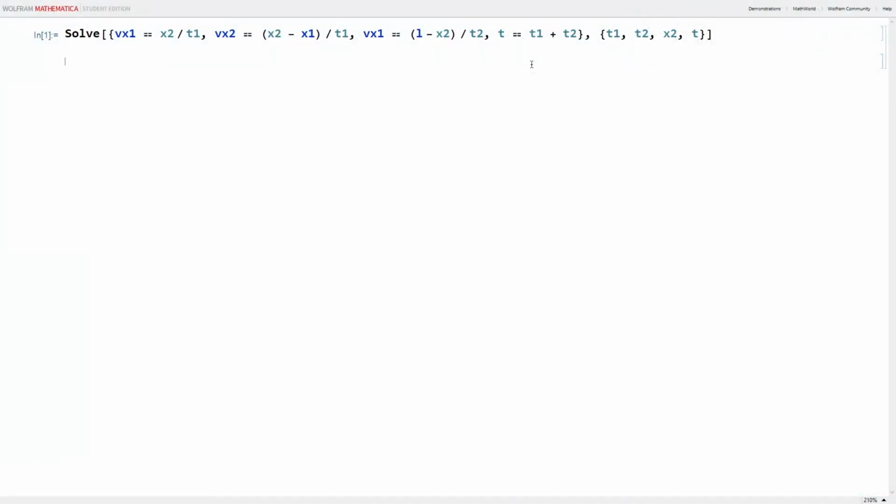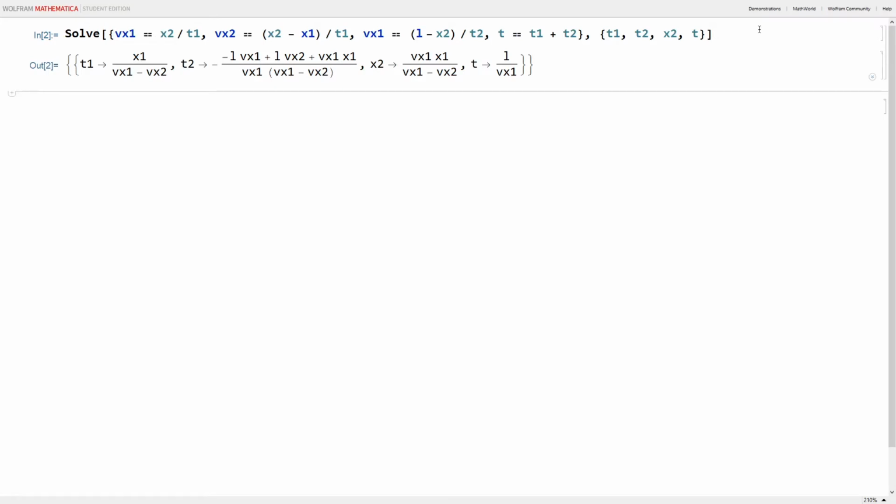Okay, so right now I'm in Mathematica, and I went ahead and just plugged in our exact equations from before. And if I go ahead and solve this system of equations, I can get that my total change in time t is L over Vx1.